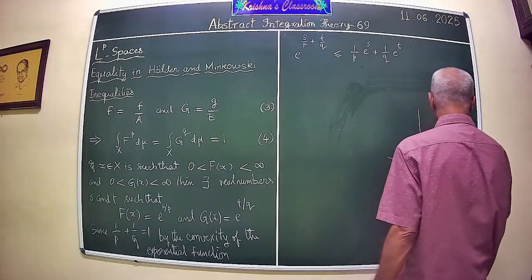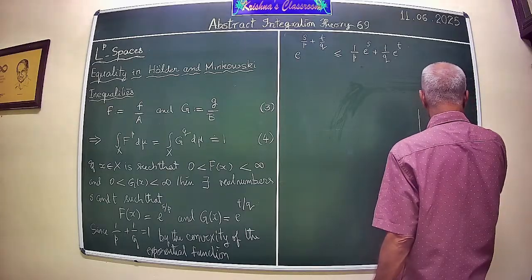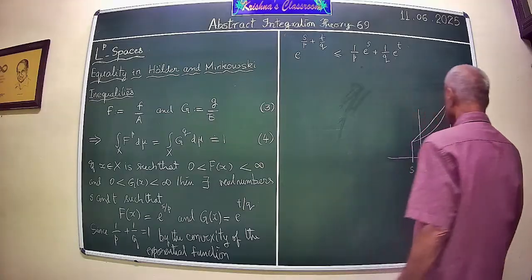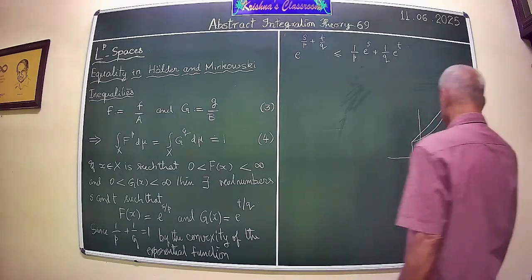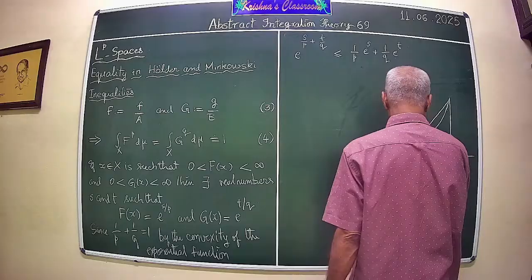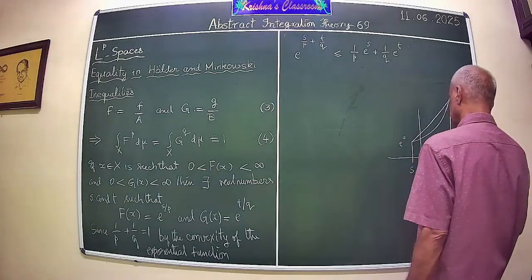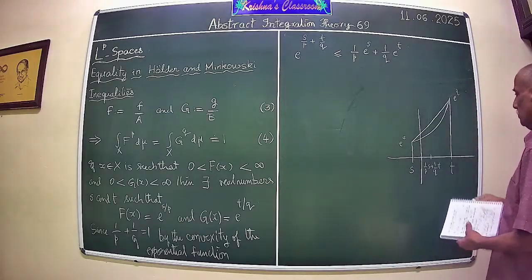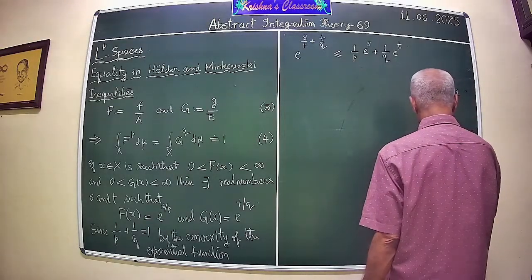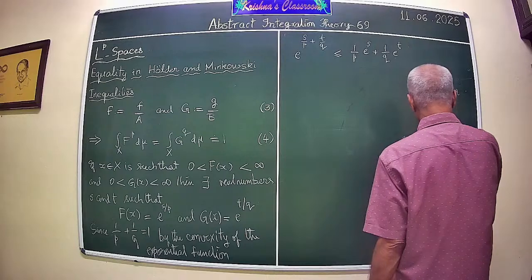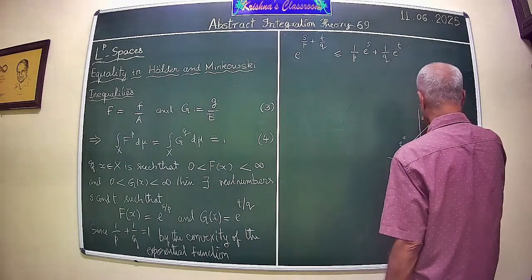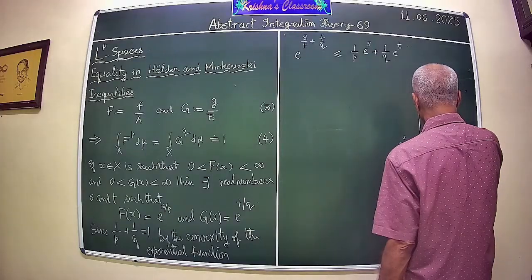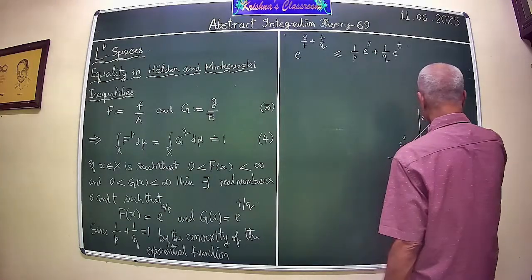See, this is the exponential function that you have, and take this line joining these 2 points. So this is e to the power s, this is e to the power t. And then by linearity, this point is e to the power 1 by p s plus 1 by q t.